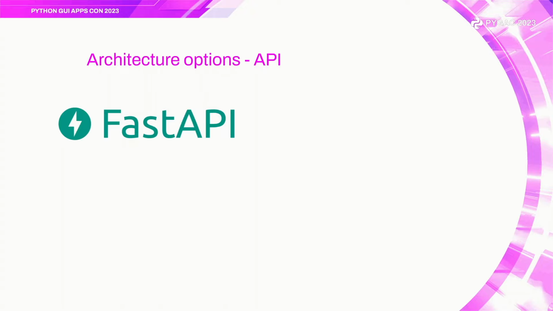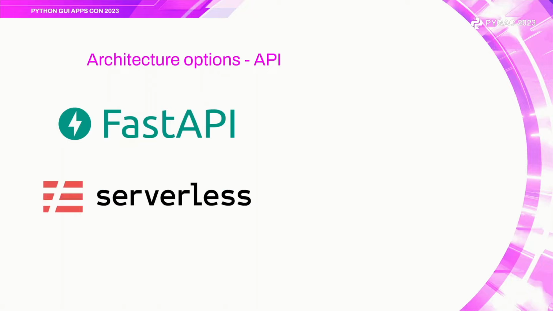Flask and Django are compatible to build APIs, but I will not bring them here, though they also have this option. But FastAPI will not be able to provide a web application. FastAPI is focused on delivering APIs in Python.